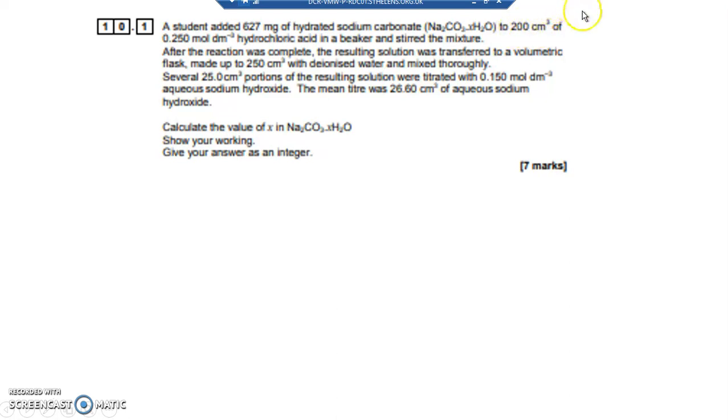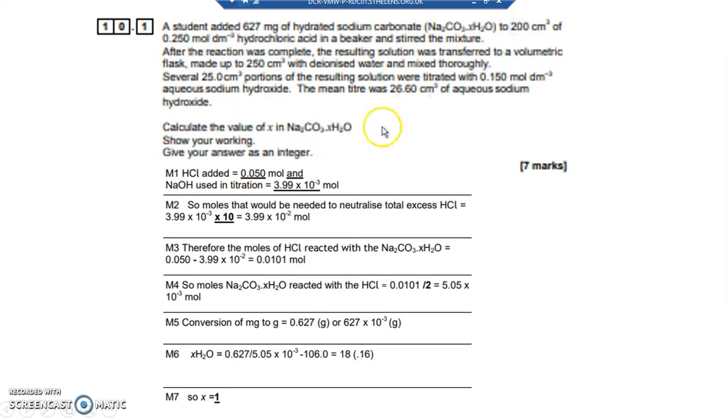So centimetre cubed up into decimetre cubed, a larger unit, divide by 1000, 0.2. So 0.250 equals moles divided by 0.2. Moles is 0.250 multiplied by 0.2, which will work out as 0.05.